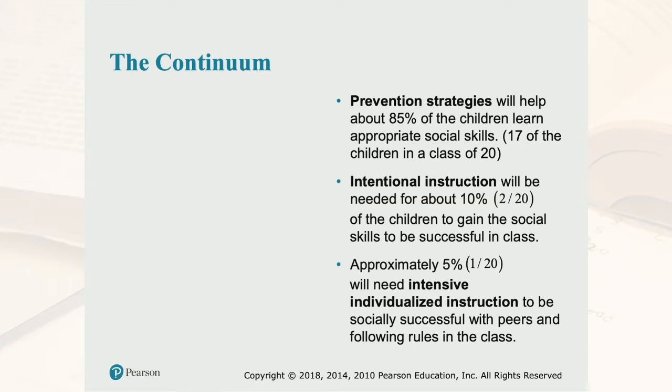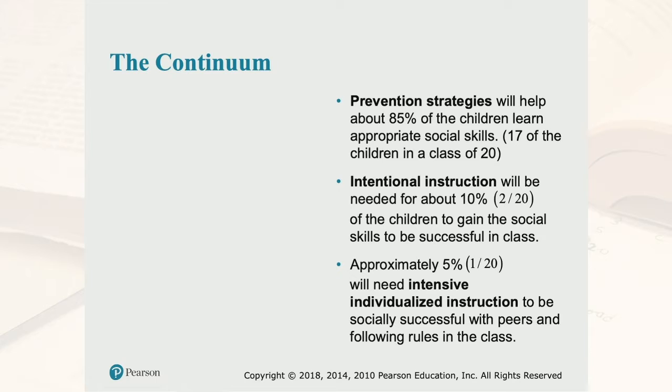So prevention strategies typically will help 85% of children learn appropriate social skills and be successful in an early learning environment. And when you look at a percentage, it's 17 children out of 20 will be successful in developing appropriate social skills.